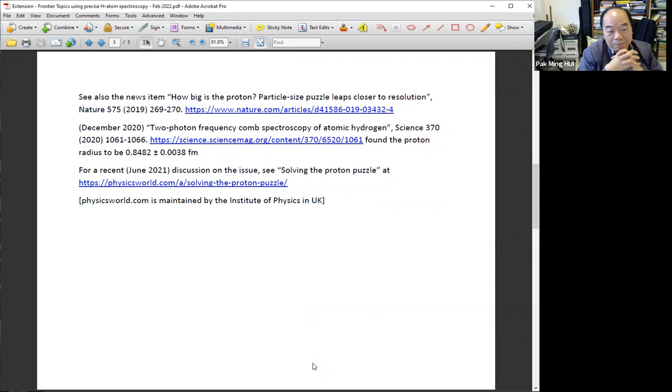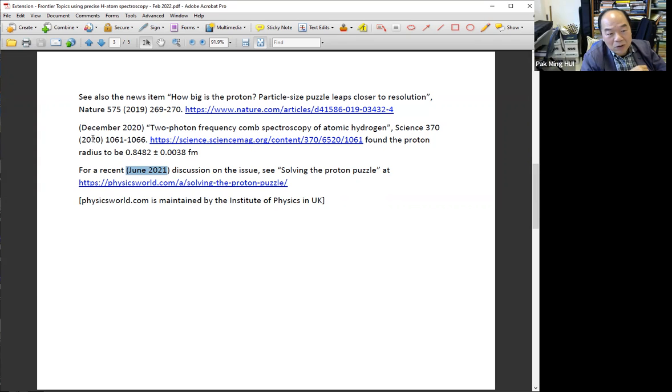Even more recently, a few months ago, this problem was revisited, summarizing what happened in recent years about these two different techniques probing the same thing, yet the results are not coming together. But the latest thing seems to be that the two kinds of results are converging at the end.